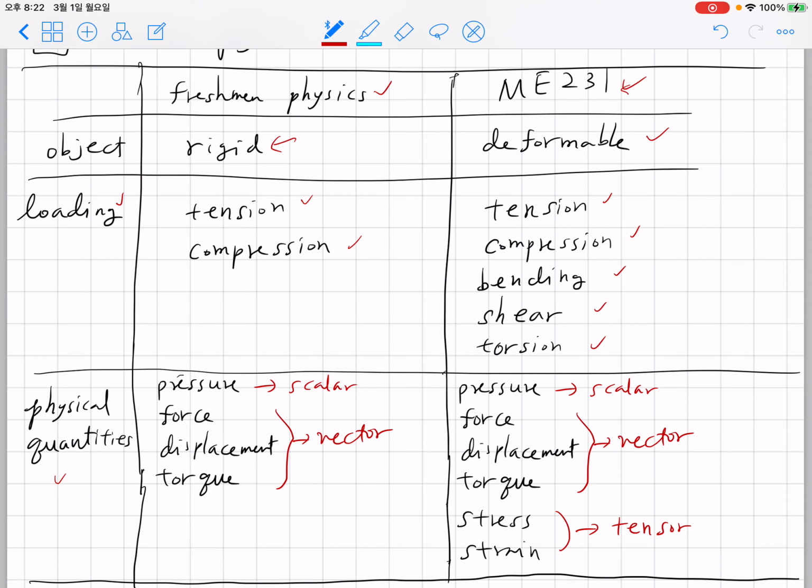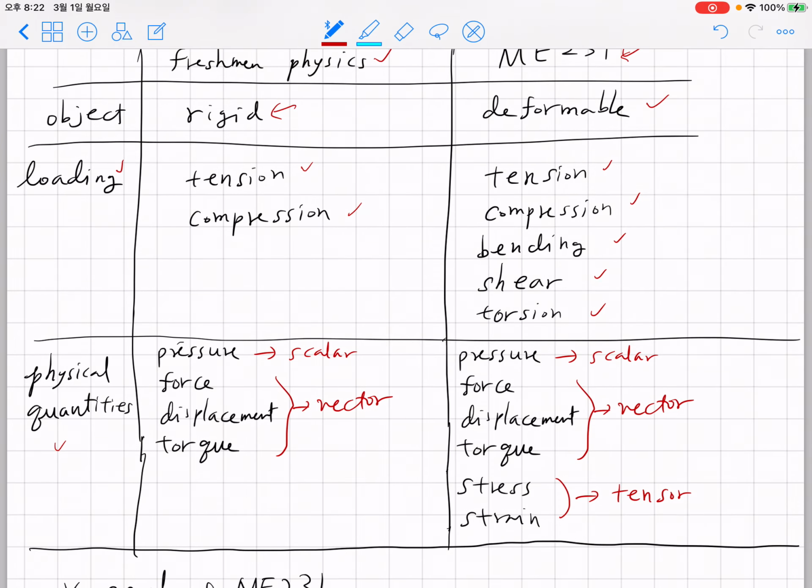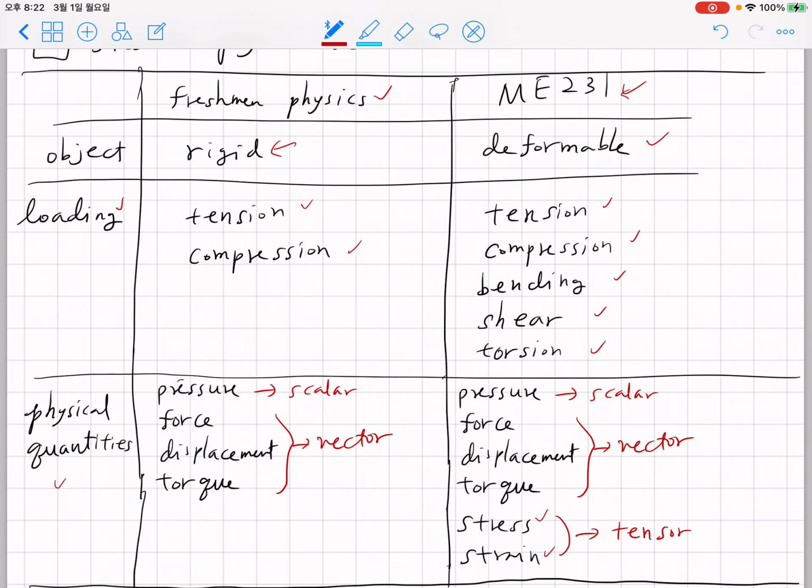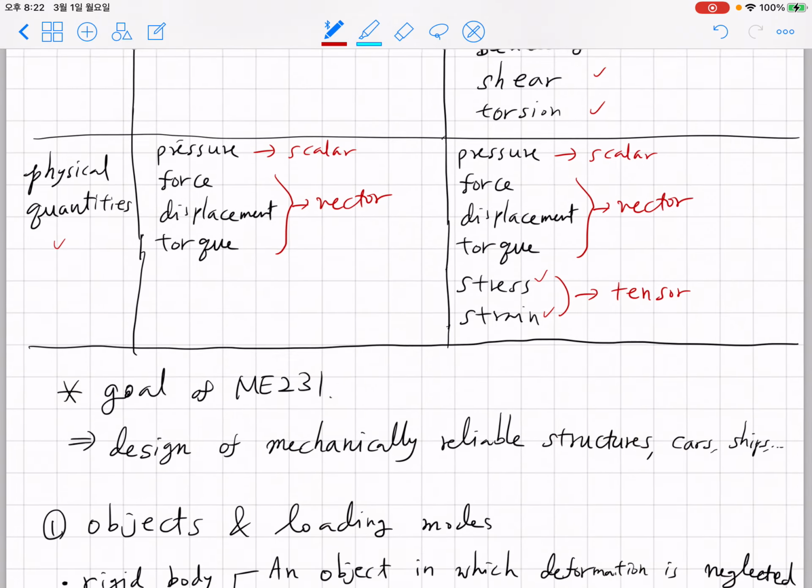In freshman physics, we learned about pressure, force, displacement, and torque. Pressure is a scalar quantity, and force, displacement, and torque are vector quantities. In addition, we learn about stress and strain in ME231. This is a one-table summary of the differences and similarities between freshman physics and ME231.